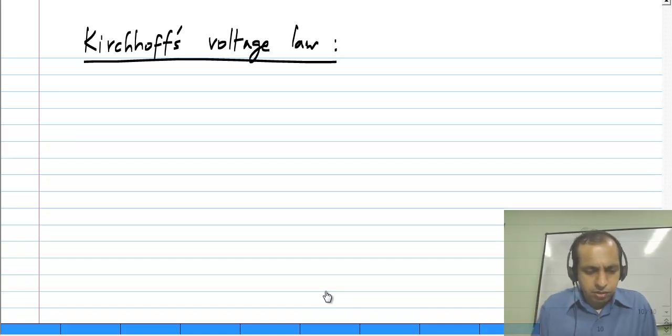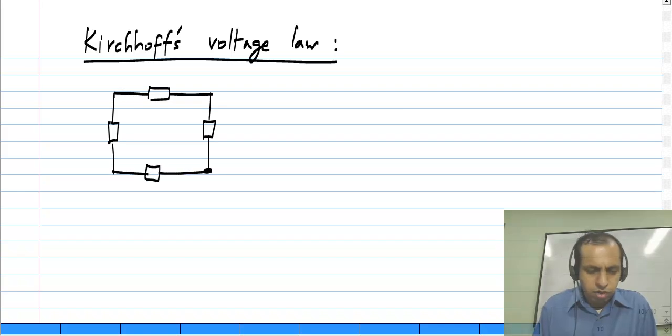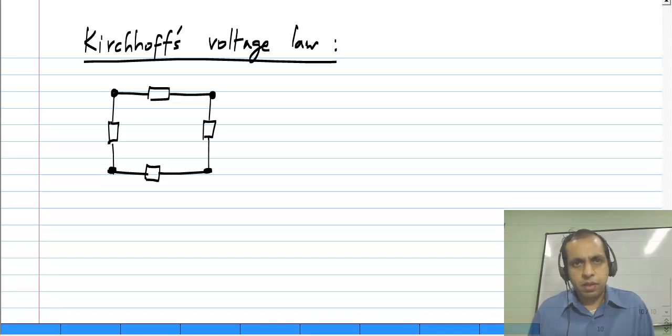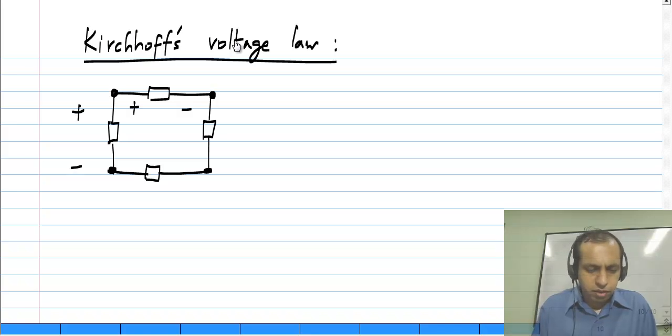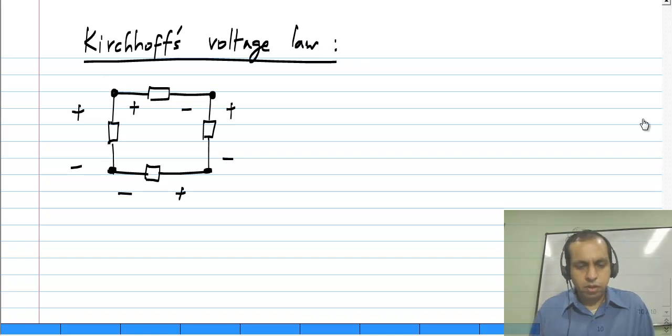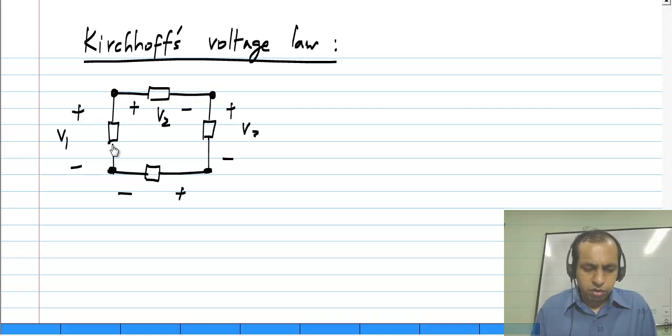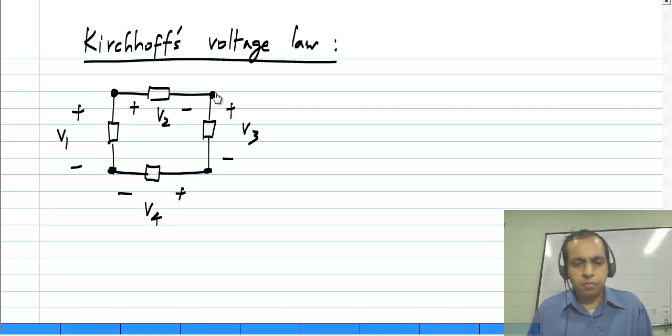And what it says is that, let's say we take a loop of elements, and each element has a certain voltage across it. Let me call these V1, V2, V3 and V4.